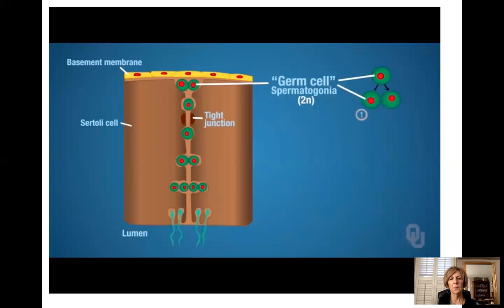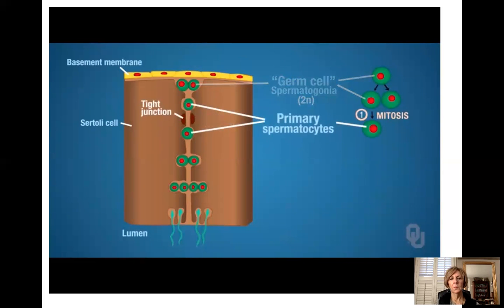After they undergo mitosis, the spermatogonia are going to develop into primary spermatocytes, and they do that by undergoing mitosis. Those primary spermatocytes are also diploid, because whenever a cell undergoes mitosis, the cells derived from that are identical. So these have to be diploid cells.